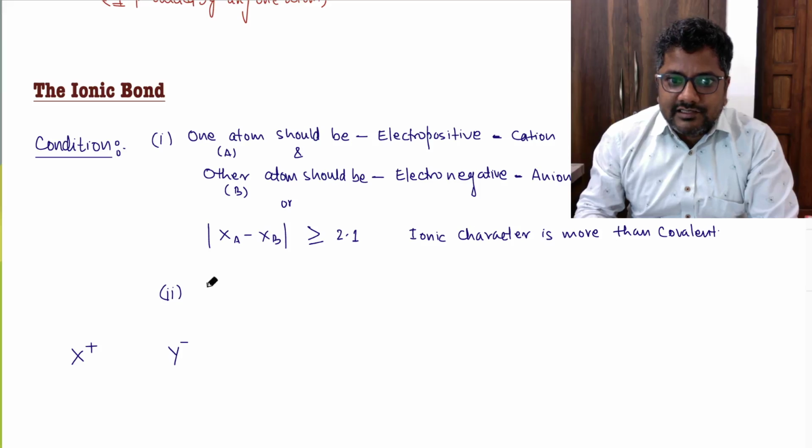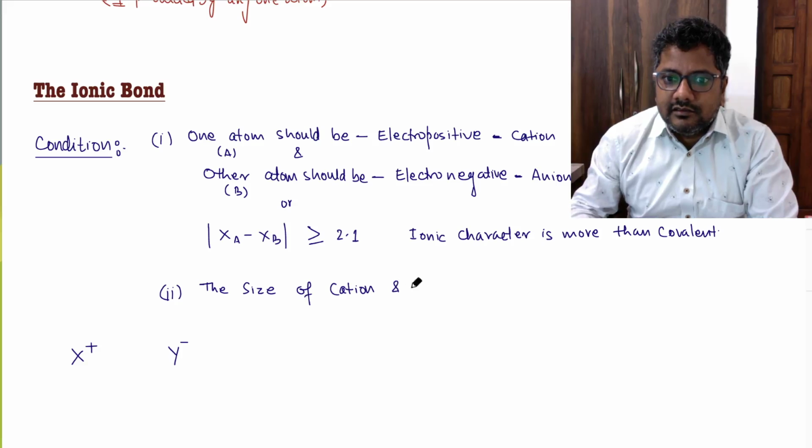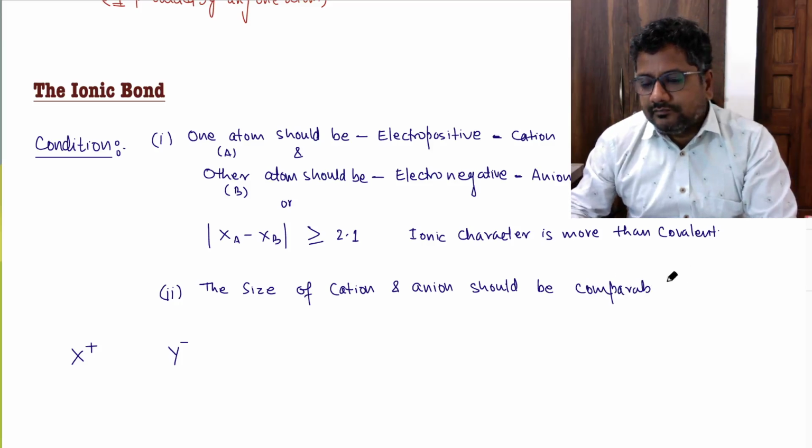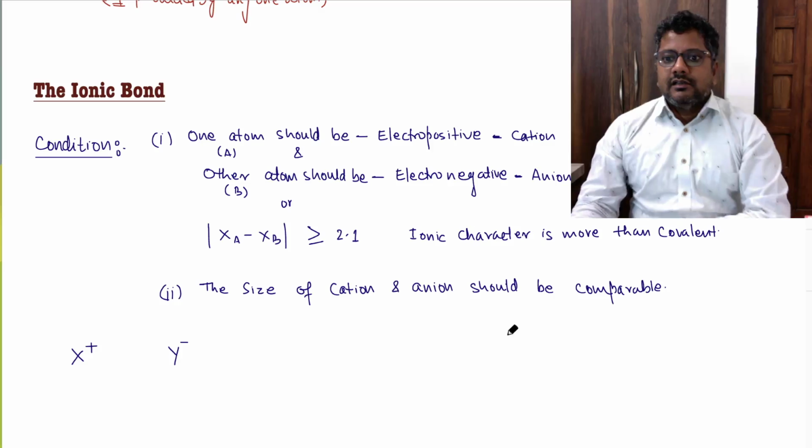the size of cation and anion should be comparable, right?